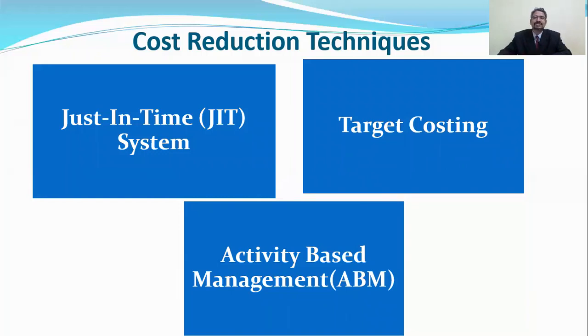Then target costing, we had learned this chapter earlier. Target costing is the decided cost from the desired selling price and desired cost price. The difference between them is a target cost. Why the target costing is needed and how that helps you?